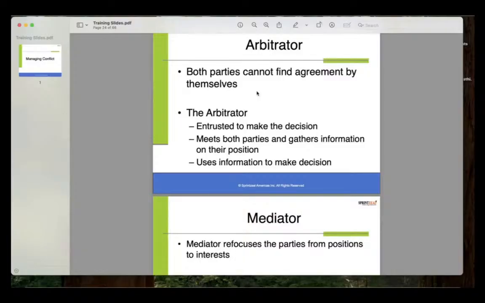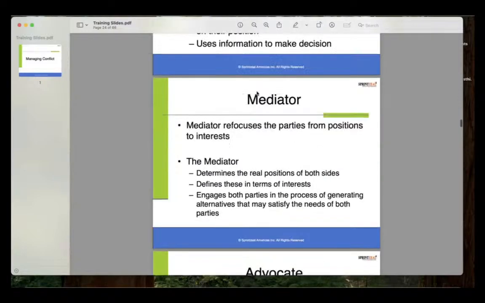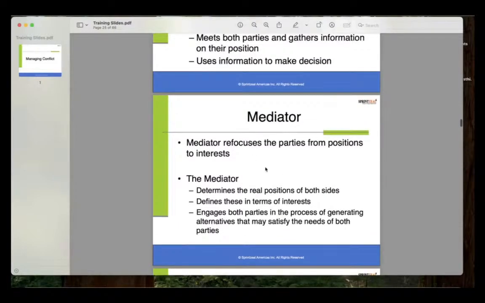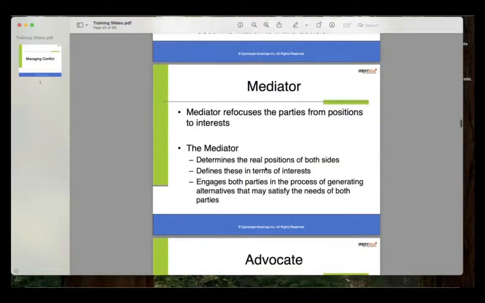First of all, the arbitrator gathers the information of both parties, meets both parties, and understands the situation. After that, the arbitrator makes the decision. And the mediator refocuses the parties from their positions to their interests. Then we saw what the mediator does.